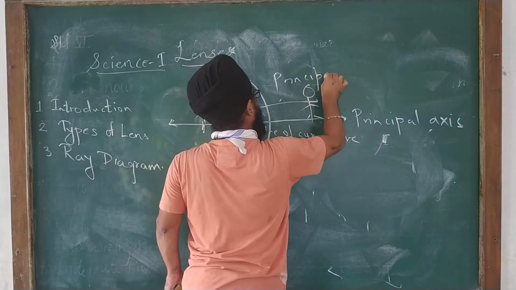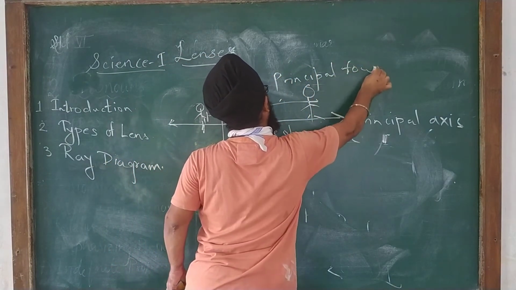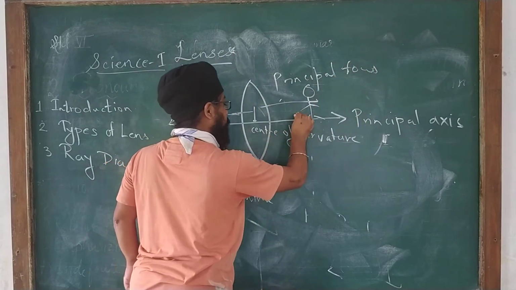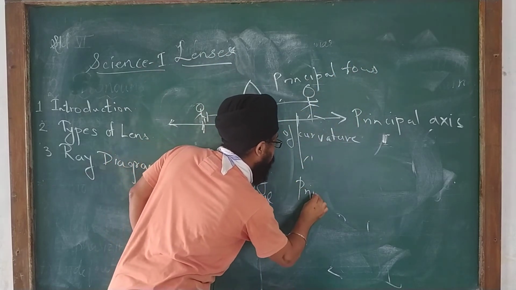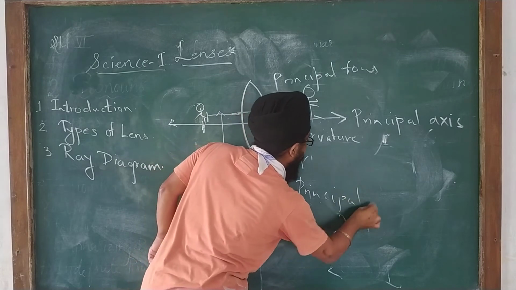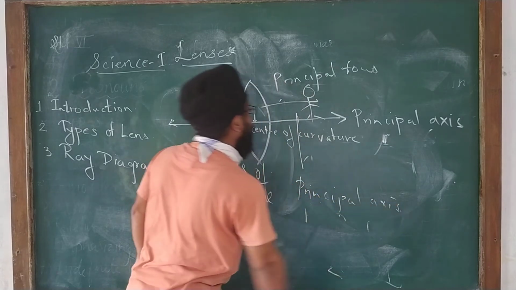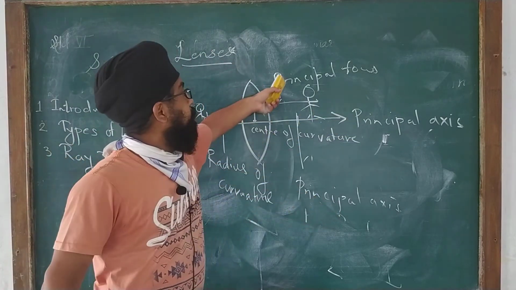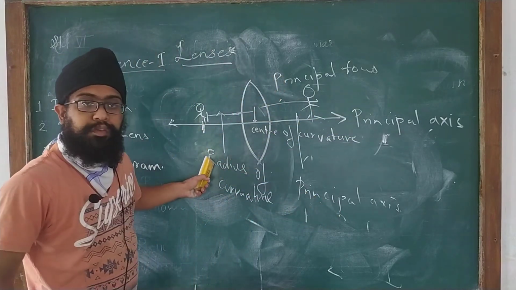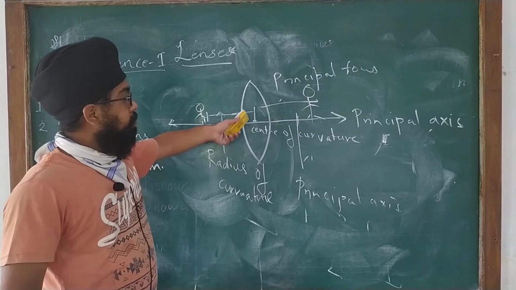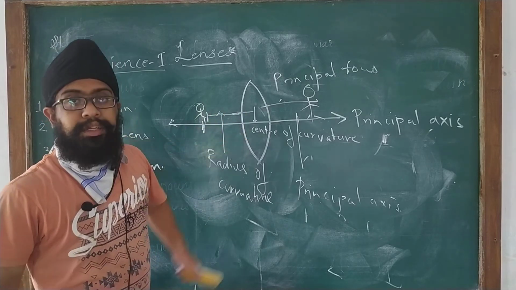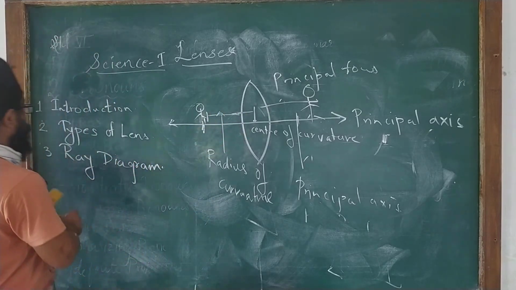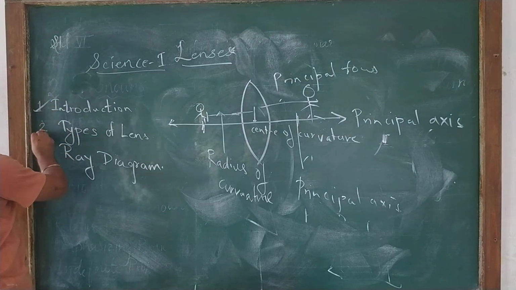This is said to be your principal focus, and its center line is said to be your principal axis. We have seen center of curvature, principal axis, principal focus, radius of curvature. The same holds for convex as well as concave. So we have seen the basic part of lenses.